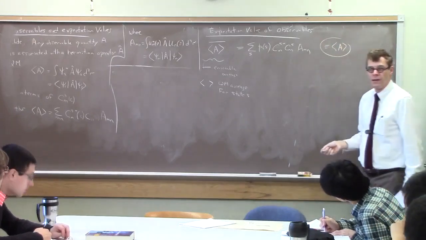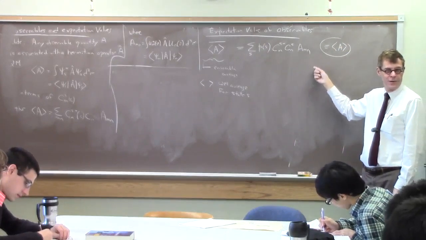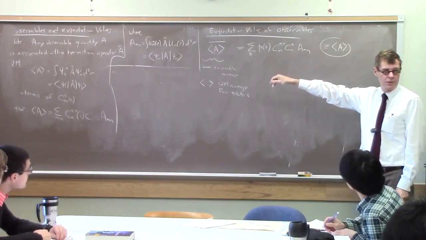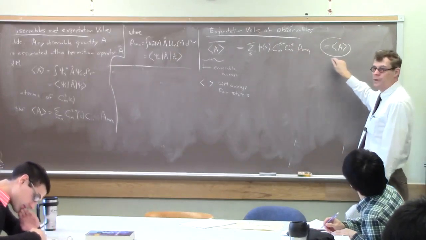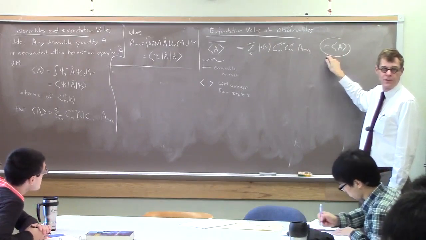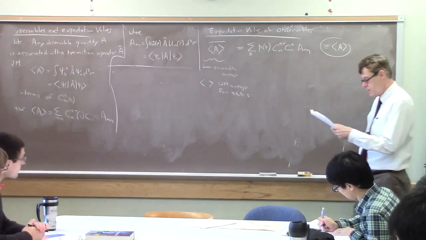And from now on, we will not belabor the obvious, and we'll just call this by this quantity here. It's a crucial conceptual point that there's two types of averages, but by convention, the world writes it this way. And you just are supposed to keep track of the fact that there's actually two types of averaging going on here.